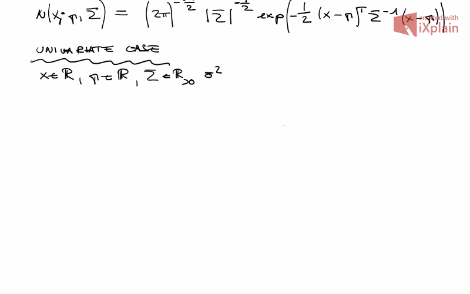Where the square comes from will be clear when we look at bivariate things. But in the univariate case, sigma is usually denoted as sigma square, which is larger than 0.